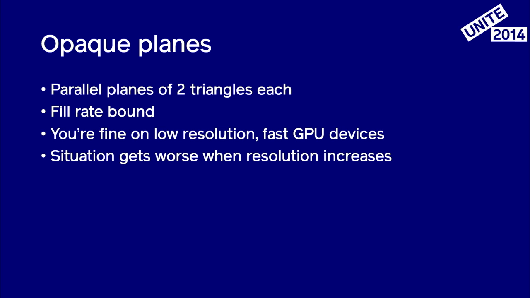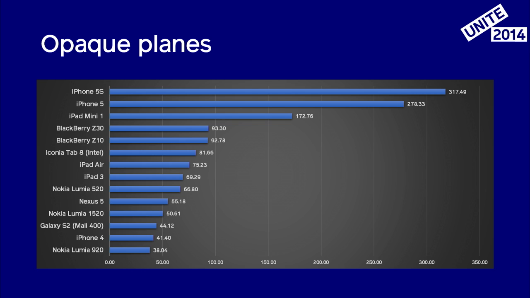Next one is opaque planes. This one tests the device fill rate. We're drawing many parallel planes that are composed of 2 triangles each. If you're rendering on low resolution, you're generally fine. But when the resolution increases, you get fill rate bound, and it really goes down.